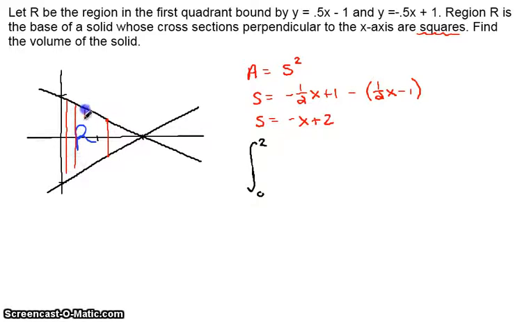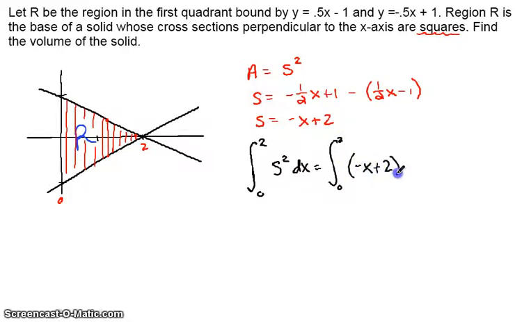Since we're building this way, we're going to stack everything up from the x value 0 to the x value 2. Our area formula is s squared, but we now know that s is going to be negative x plus 2 quantity squared dx. So that's how we're going to set these things up. I'll leave you to finish that problem for yourself.